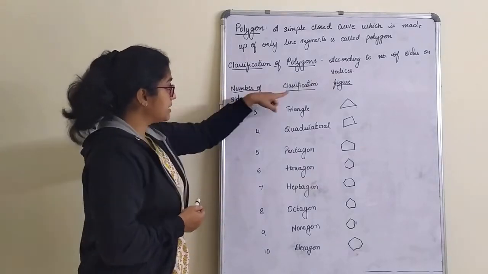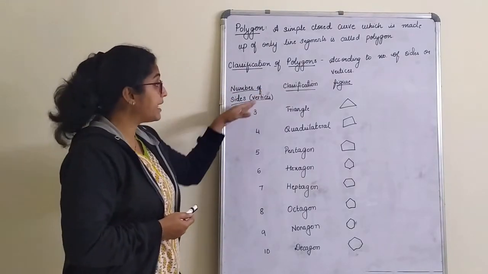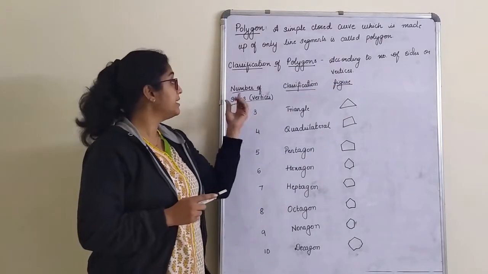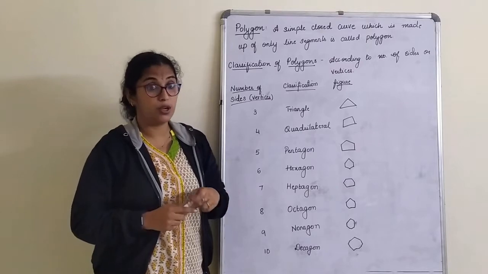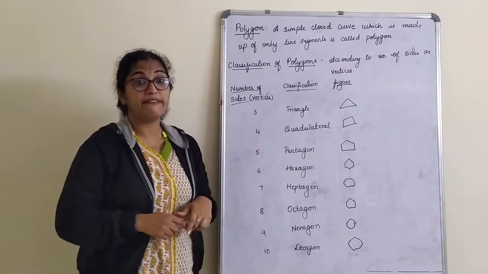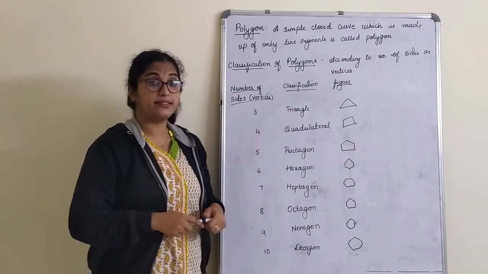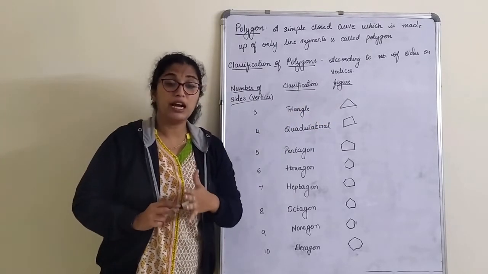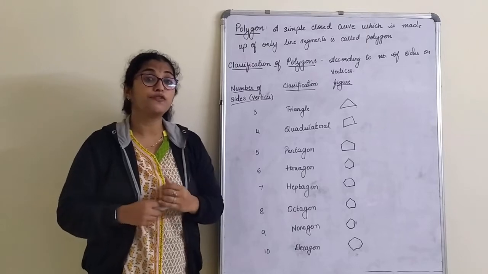So how do we classify them? Classification of a polygon based on the number of sides, and the sample figure formed. A polygon having 3 sides is called a triangle. This is the figure. So a polygon will start from 3 sides only. Why not from 2 sides?